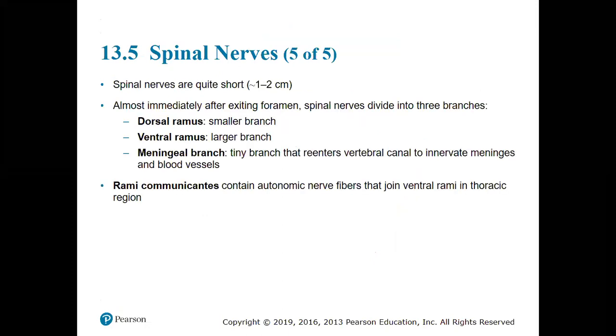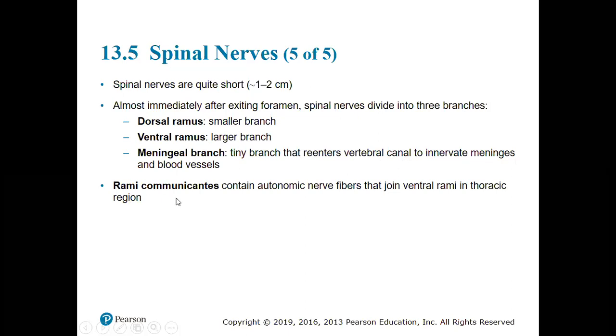Still in spinal nerves, I want to point out the dorsal ramus, ventral ramus, and meningeal branch. Because of the things we've talked about in meninges and meningitis, we're going to focus on that, and the rami. The dorsal rami are going to be smaller, the ventral larger, and the meningeal branch is a tiny branch that re-enters the vertebral canal to innervate the meninges and blood vessels.